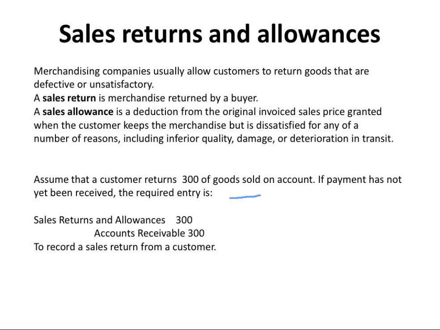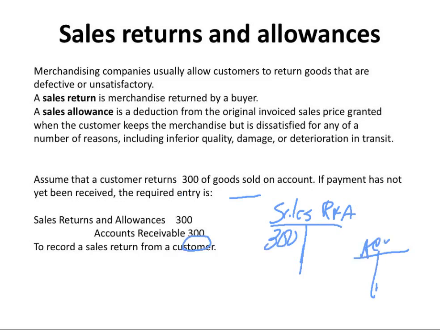What we do is we set up a sales returns and allowances account. This too is a contra revenue account. We debit it 300, and we take the customer out of the accounts receivable. So there's our journal entry when the goods are returned.